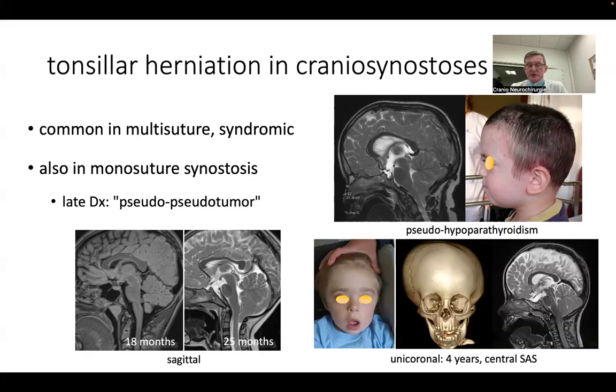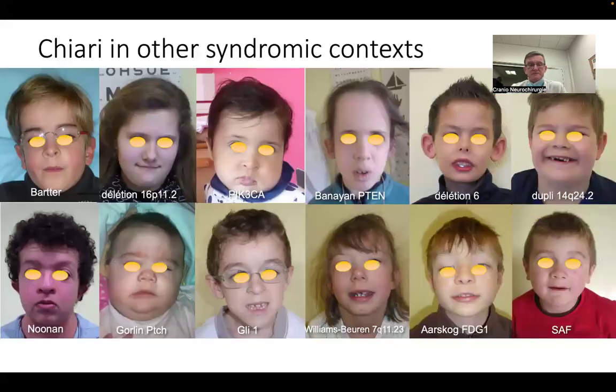This is another example with a unicoronal synostosis with tonsillar herniation with central sleep apnea syndrome. And also it can be found later in life, in older children or teenagers with a pseudotumor syndrome, with intracranial hypertension with tonsillar herniation. So Chiari can also be found in a large number of different genetic syndromes.